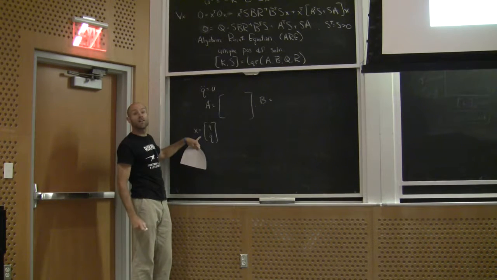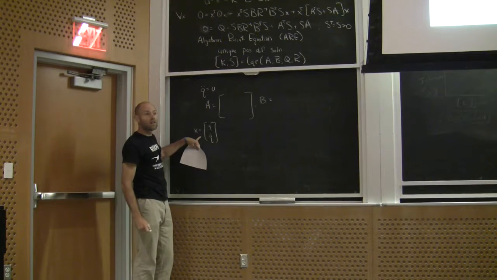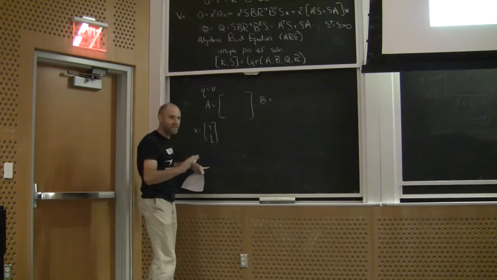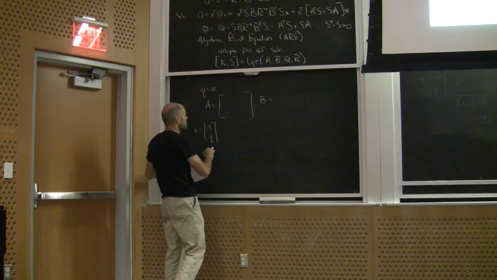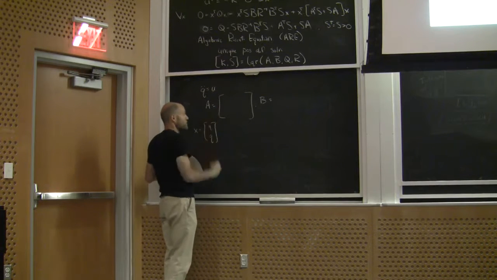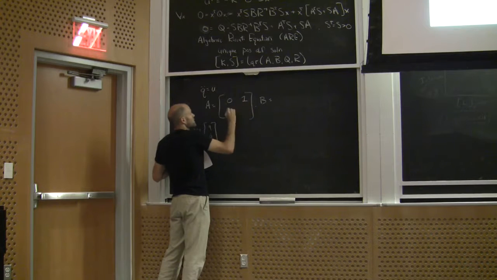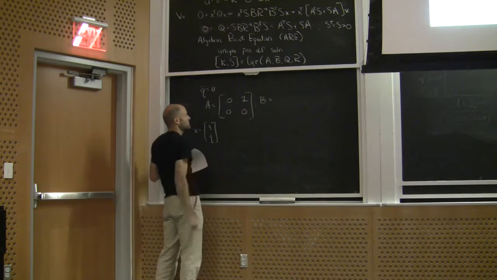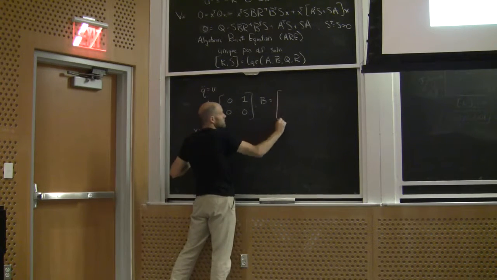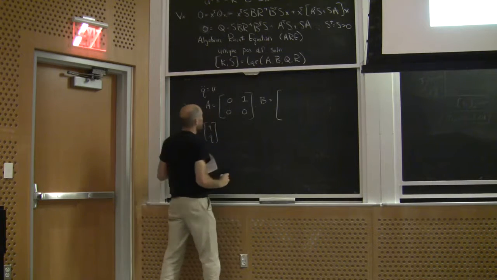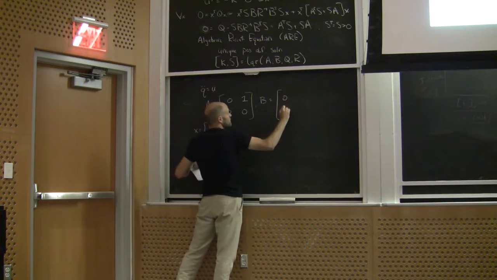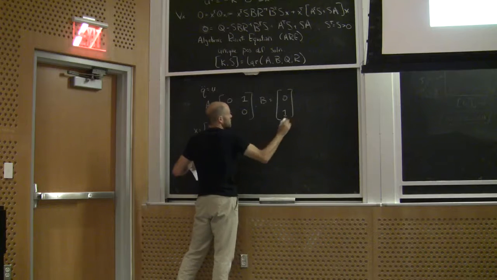Partial on the first state. It's true, but you can give me the actual numbers. 0, 1, 0, 0. Perfect. And B? Right?